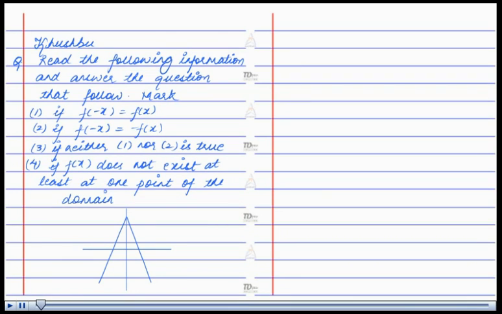The question is, read the following information and answer the question that follow. Here, a graph has been shown.